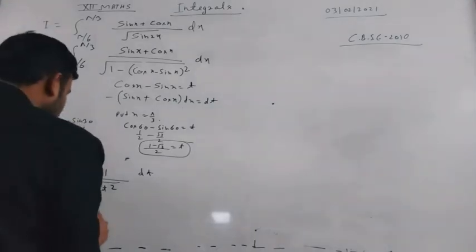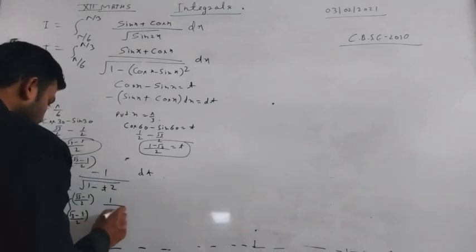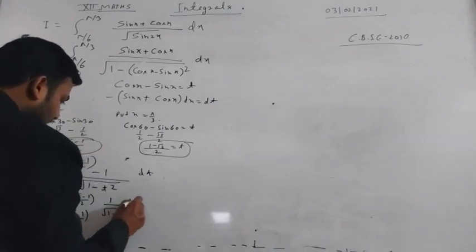Okay students, and this is 1 by under root 1 minus t square dt.